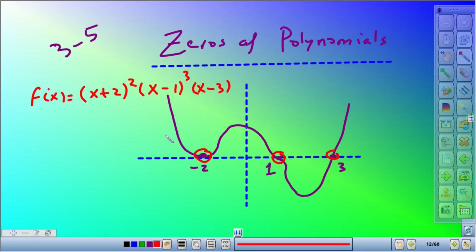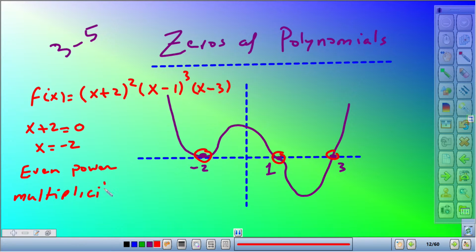Watch this for a second. This power here, this 2, is even. If the power is even, multiplicity is even. What you're saying here is x plus 2 equals 0, so x equals -2. At -2, I have an even power, a multiplicity of 2, so you are not crossing the x-axis.